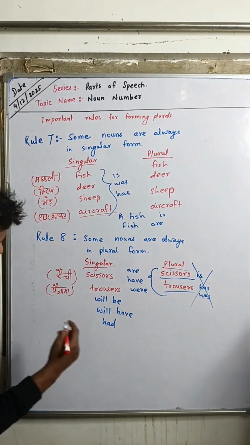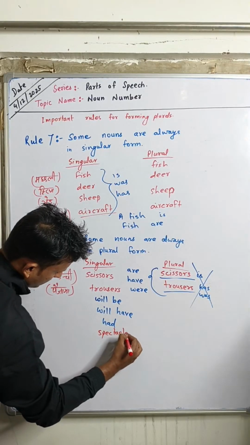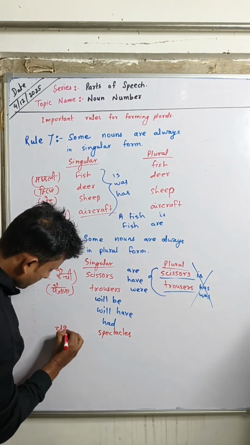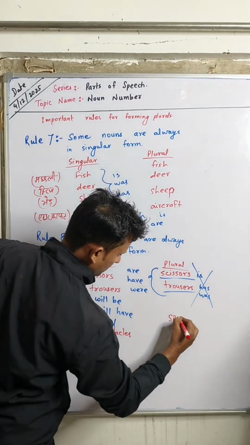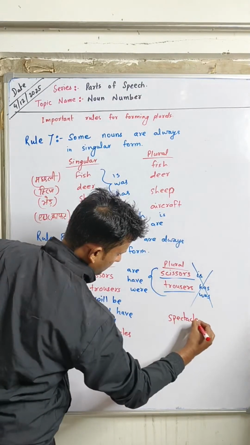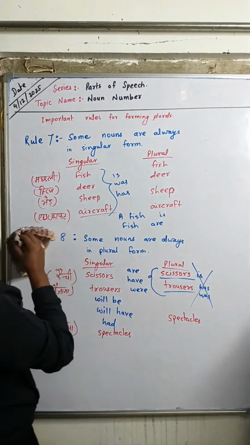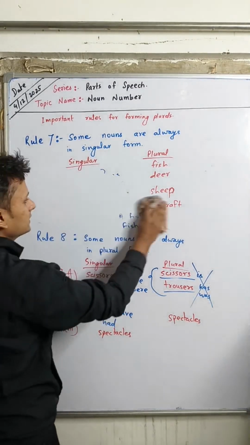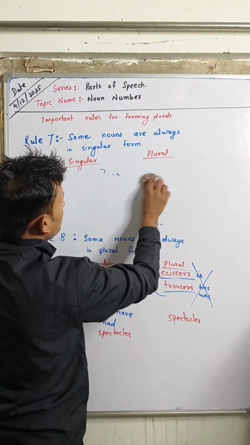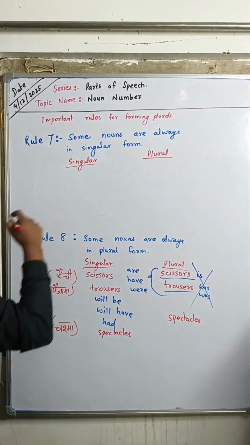Another example is spectacles, chasma. So you cannot say where is my spectacles. You have to say where are my spectacles. Suppose you are looking for your spectacles and you ask someone.